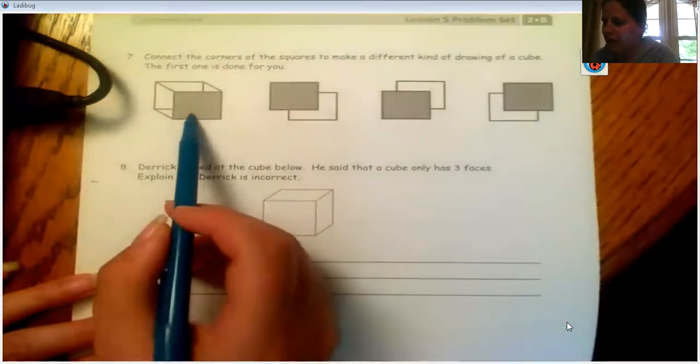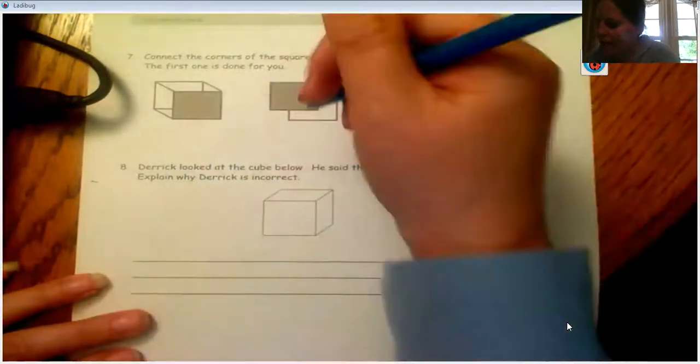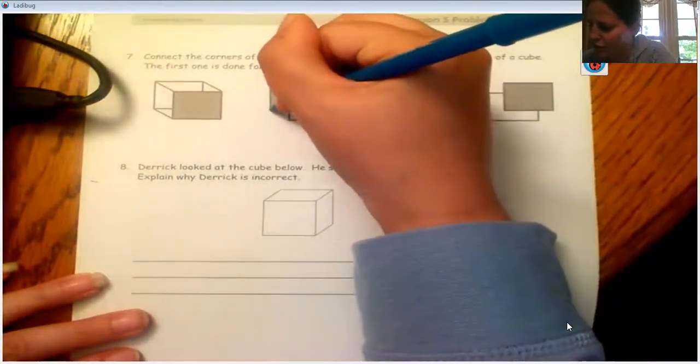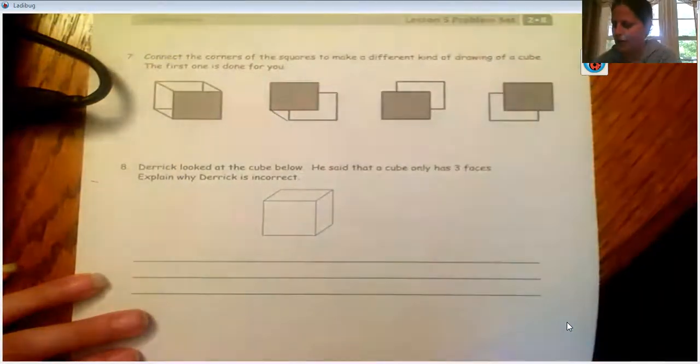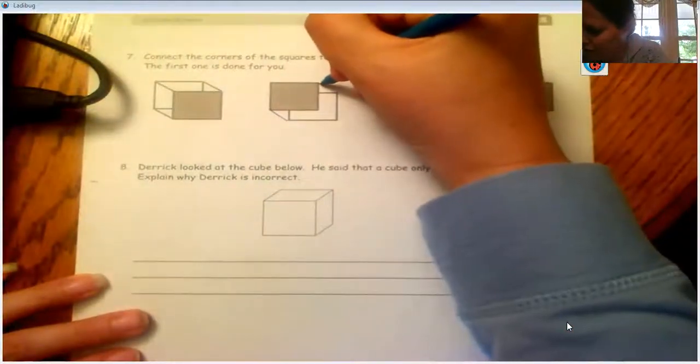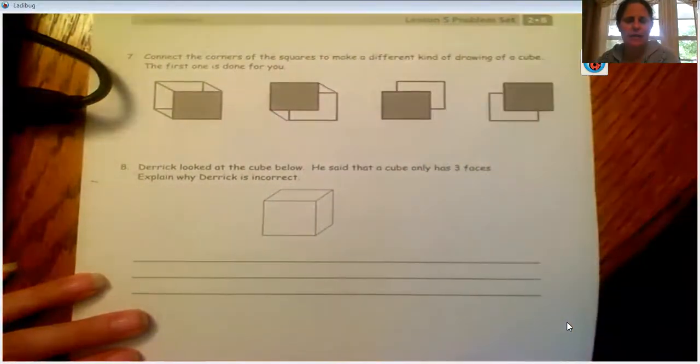So this one's done for us, and it just says to connect the corners. So like here's a corner, I would connect it here. Here's a corner, I would connect it here. And I've drawn a different example of a cube.